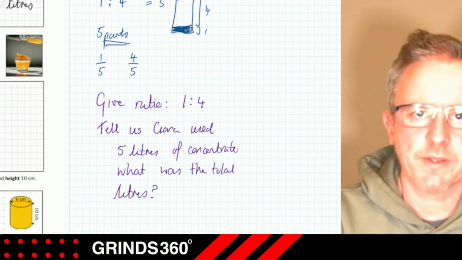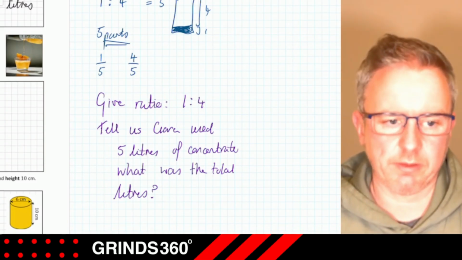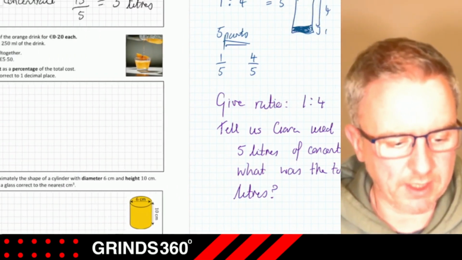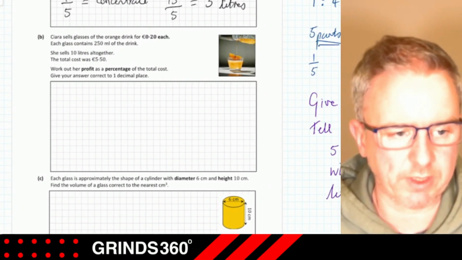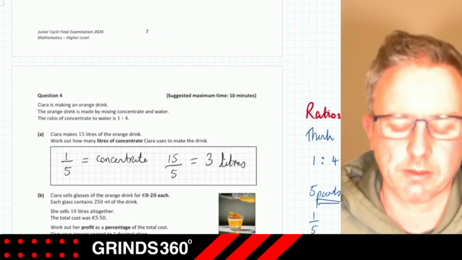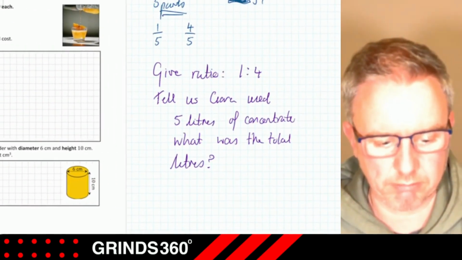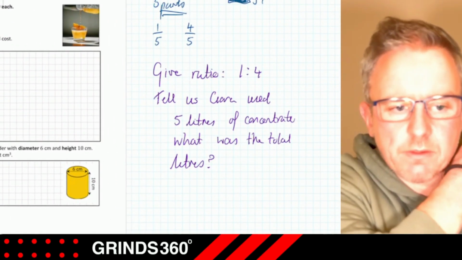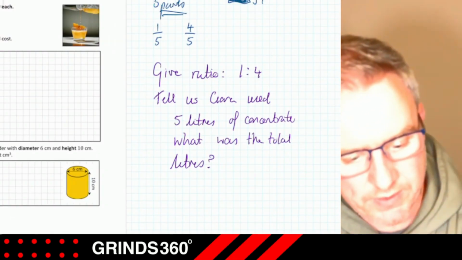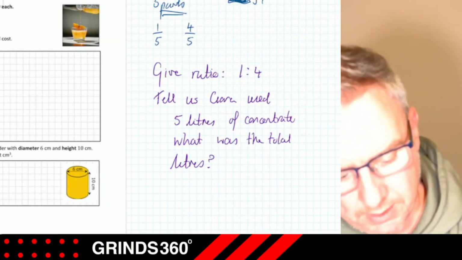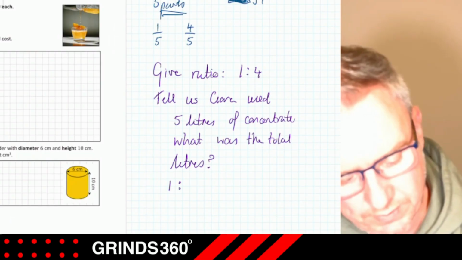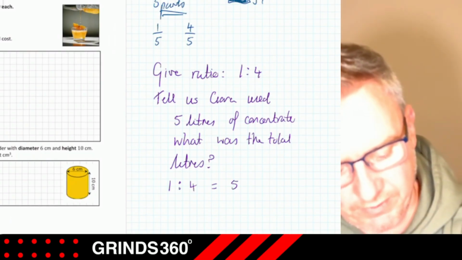Okay? So this time they've changed it. Instead of giving us the total and asking us to work out the concentrate like they did here, they're saying to us, well, actually, she used 5 litres of concentrate, so how much did she have in total? So this time we'd have to come along and say, same approach, 1:4 gives me 5 parts.